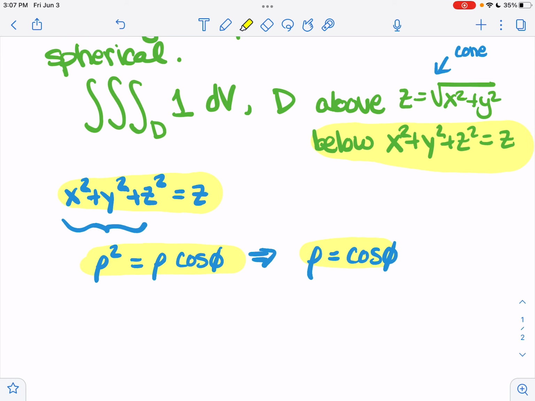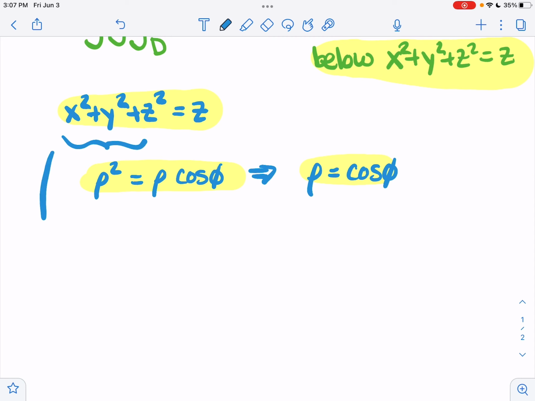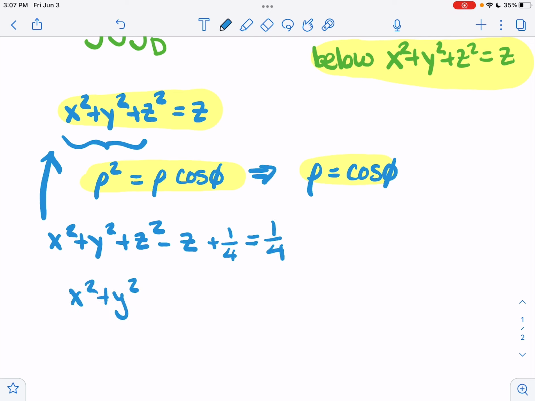I still don't really know what this surface is. And to explore that, if I go back to rectangular coordinates, x squared plus y squared plus z squared, if I subtract z from both sides and complete the square, then this is x squared plus y squared plus z minus 1/2 quantity squared equals 1/4.